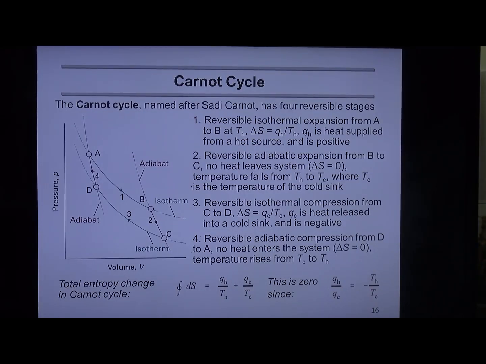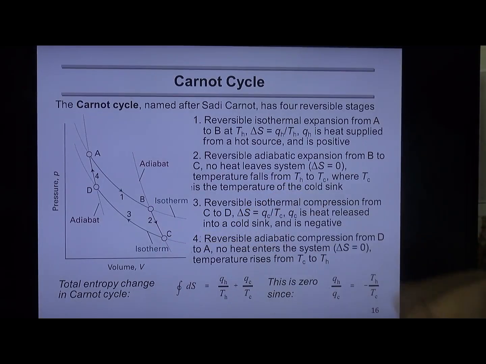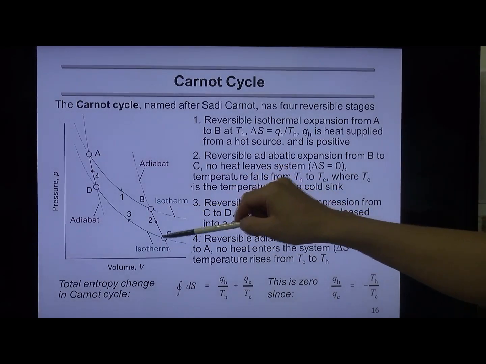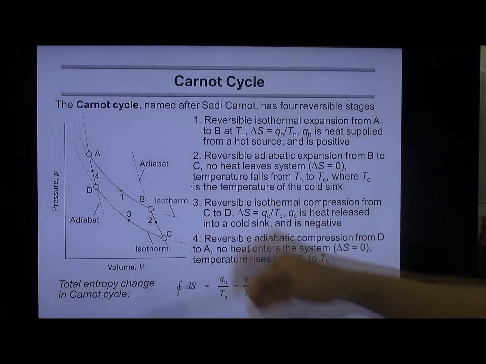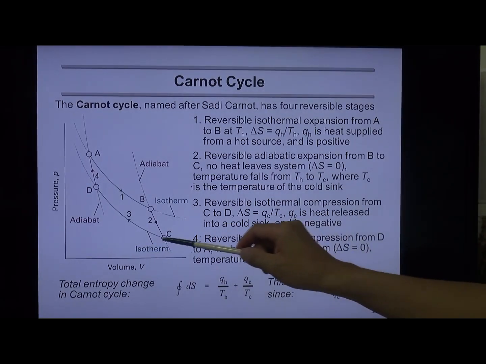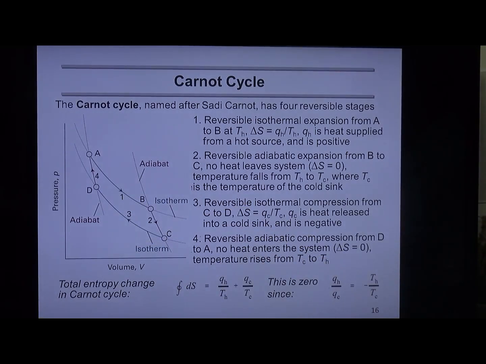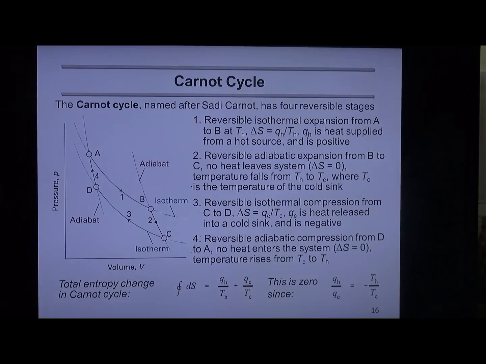Okay, B to C, also expansion, right? Volume increased. And the BC process is adiabatic reversible expansion. Okay? And from C to D, which is compression, right? Volume decreased, right? It is reversible isothermal compression. Okay? D to A, also compression, reversible adiabatic compression.